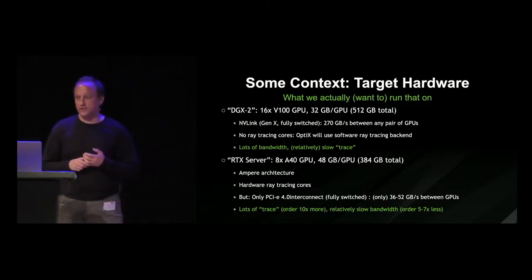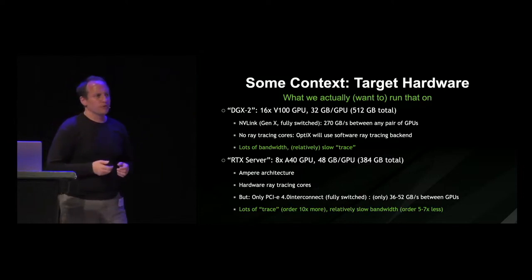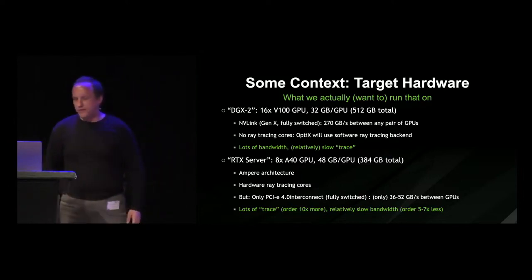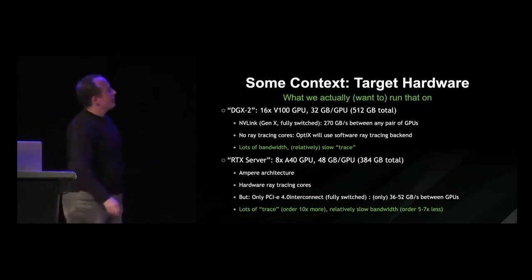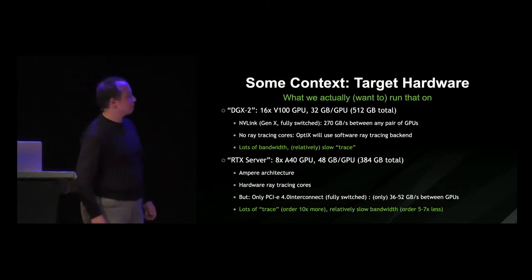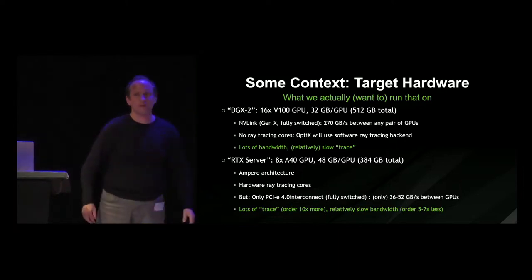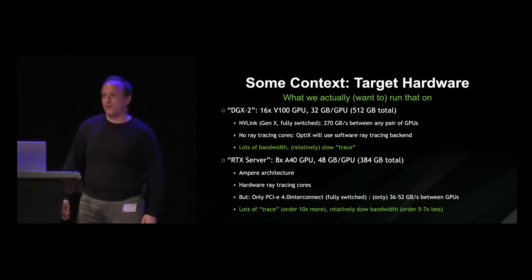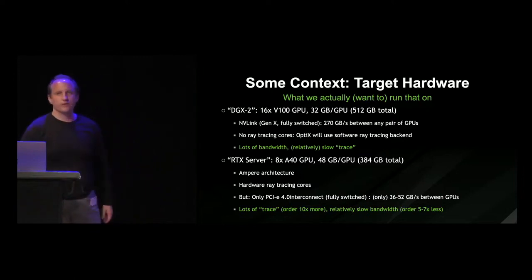That is, peer-to-peer communication is on the order of 270 gigabytes per second bandwidth, which is a lot. But we don't have hardware accelerated trace because this is not an RTX GPU. And then we use an RTX server with 8 RTX GPUs, with hardware ray tracing, but as an interconnect it only has PCI Express 4.0, which is roughly an order of magnitude lower on bandwidth.